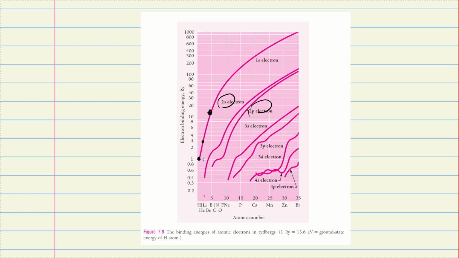So we suggested this based on argument, and it seems like nature is confirming our prediction. Similarly, this line is 3s electrons, which need more energy than 3p, whereas 3p electrons need more energy than 3d electrons. Basically, smaller angular momentum has bigger binding, so you can minimize the energy by filling the smaller angular momentum first.